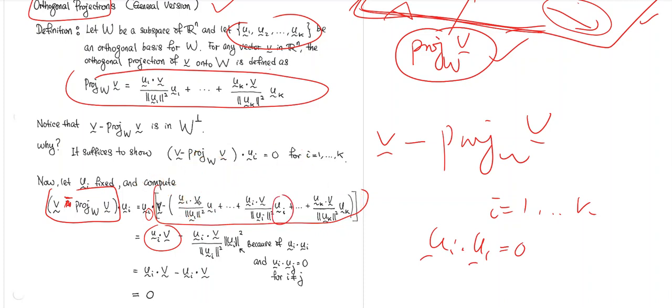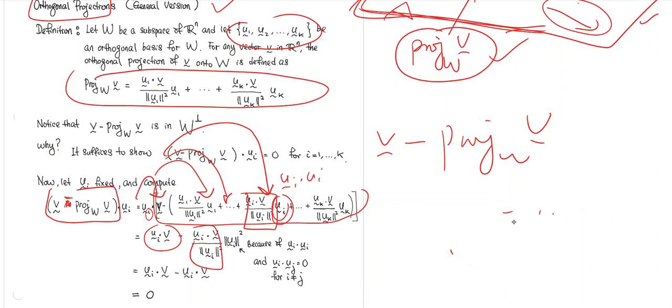So when you distribute, you have this Ui dot V, and then when you distribute with this, you actually have 0. You distribute with this, we have 0 until you get back to Ui, and then the dot product with this is going to give you this number here, and then this here will be Ui dot Ui. What is Ui dot Ui?